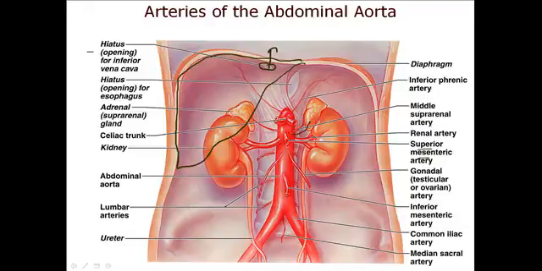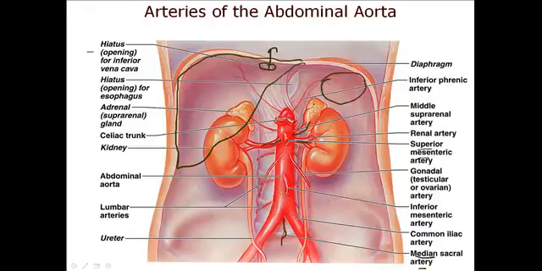These are the gonadals right here. Inferior mesenteric. And then the common iliacs. And right down here we have the median sacral. So pretty simple. Oh, sorry, and the renal arteries going to the kidneys. These are the biggest ones.